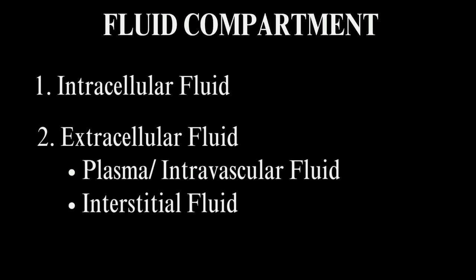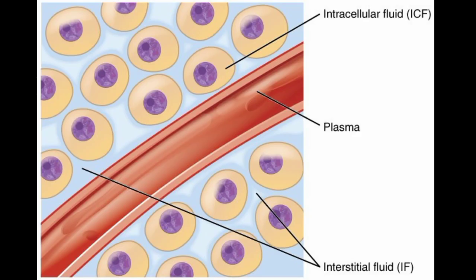The main fluid compartments of the body include the intracellular fluid, which is the fluid within the cells of the body. And then we have the extracellular fluid, which comprises the plasma fluid. The plasma fluid is the fluid in the intravascular space. And then we have the interstitial fluid, which is the fluid around all the cells of the body, excluding the cells in the blood.